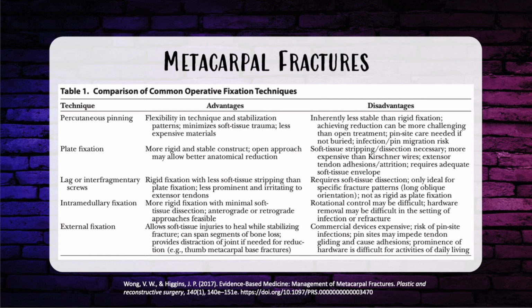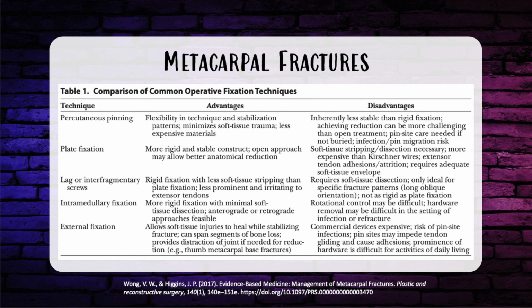So a good rule to go by is that the index finger metacarpal can tolerate 10 degrees of rotation, the middle finger 20, the ring finger 30, and the small finger 40. The ring finger and small finger have carpal metacarpal joint mobility, and that's why they can tolerate that larger angulation. The small finger metacarpal may even tolerate up to 70 degrees of angulation as long as there's no extensor lag.